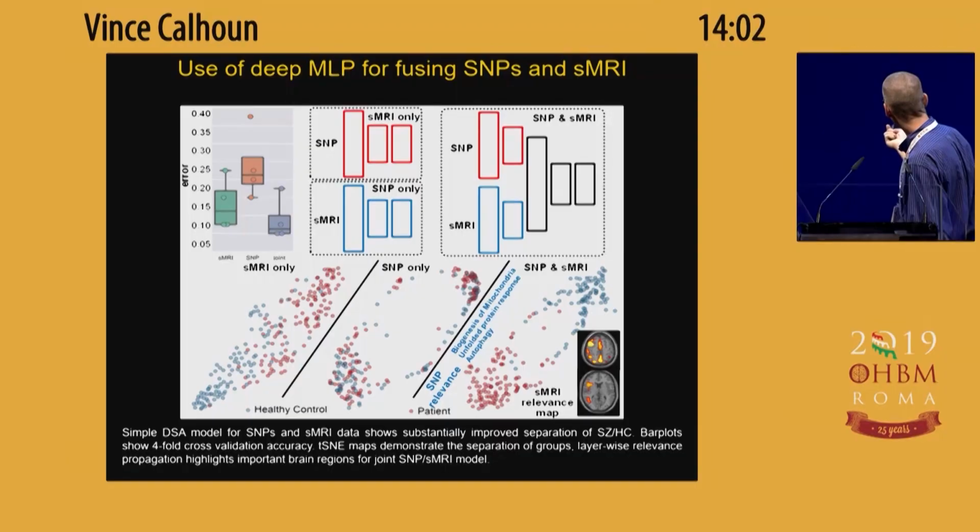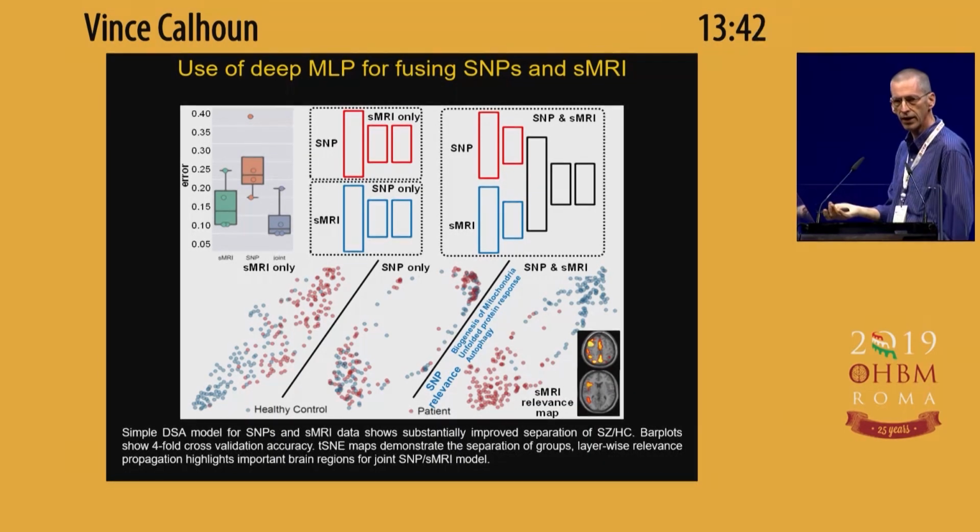This is pretty common: structural MRI does not bad, in the 70%, give or take, 80%. SNP array data does pretty poorly. Very small effects, you can see a lot of overlap there. But when we combine the two of them together, we actually outperform either one separately.